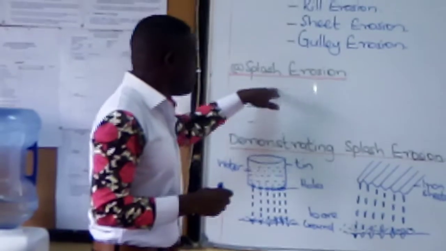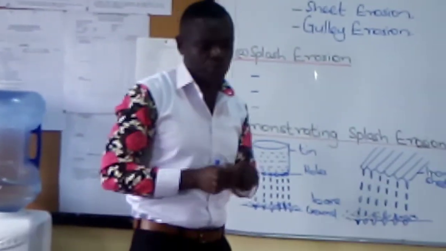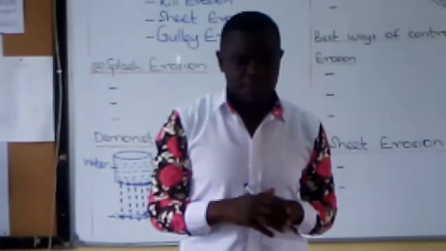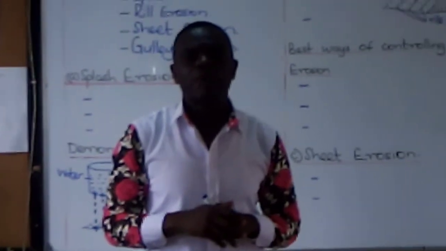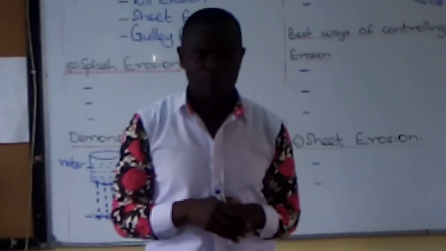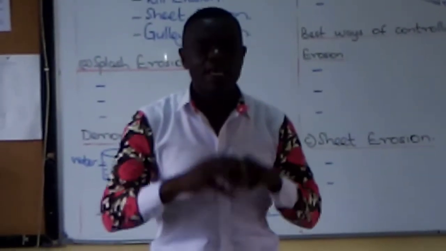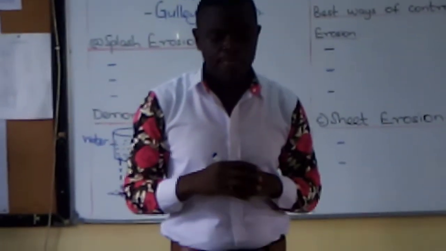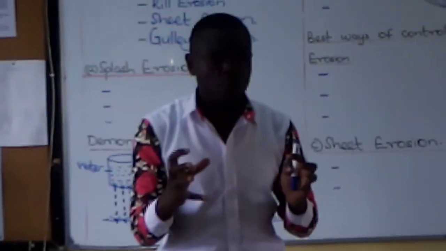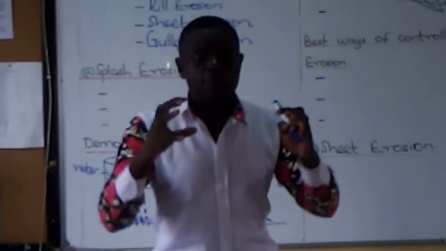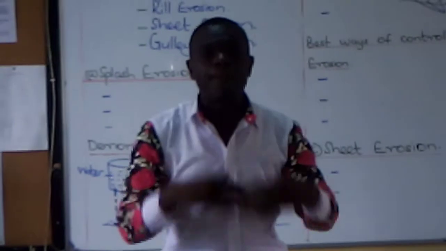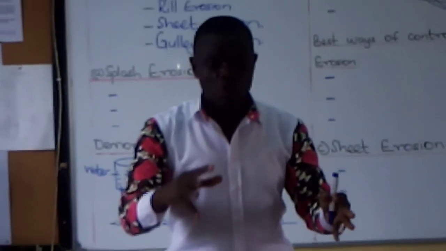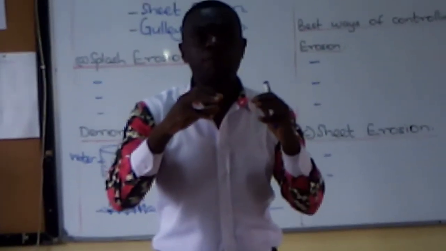Let's particularly look at splash erosion. What is splash? When you look at English, splash is also known as spatter erosion. This is where the raindrops fall on a bare land with a lot of force.